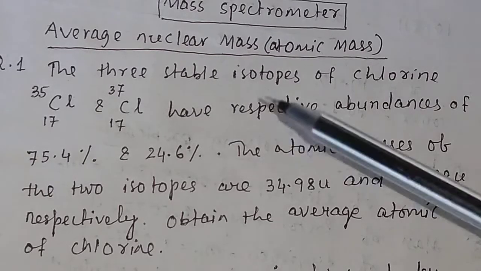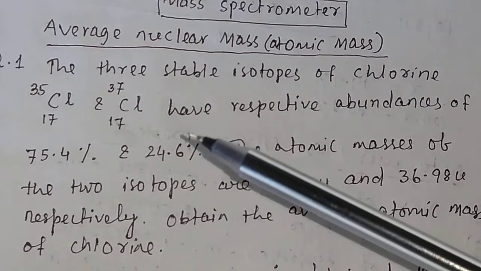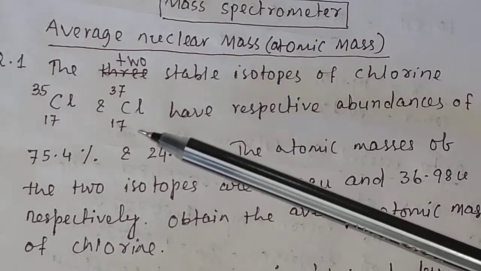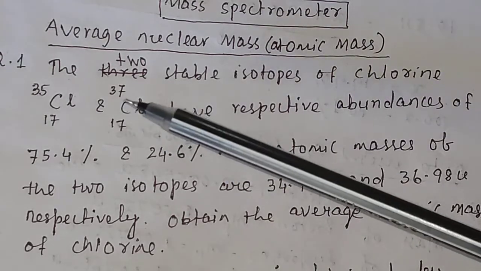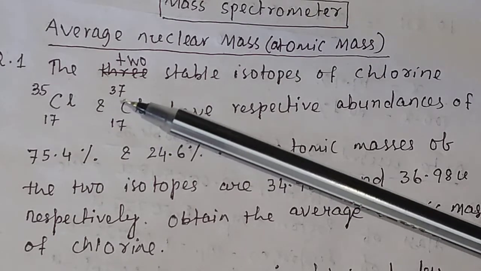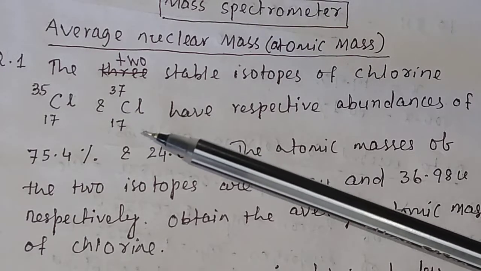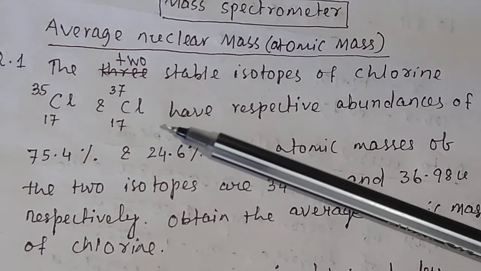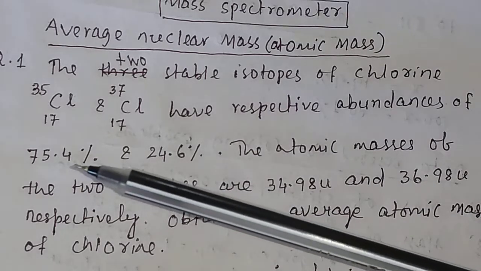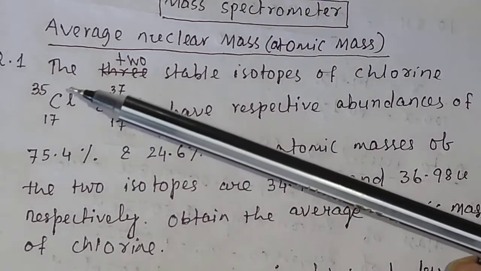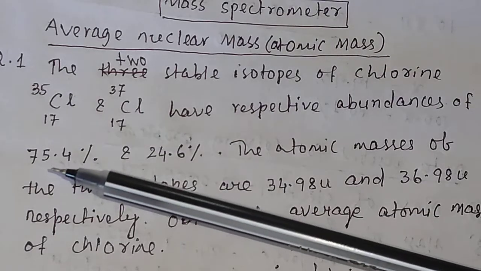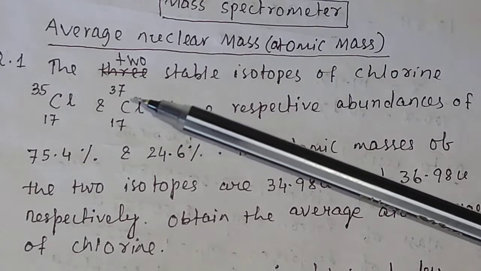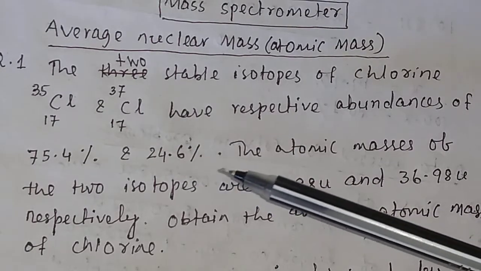Let us work out a problem to know how you calculate the average atomic mass. We generally get two types of isotopes of chlorine. Chlorine with atomic number 17 has two isotopes, 35 and 37. The two stable isotopes are chlorine-35 and chlorine-37, with respective abundances of 75.4% and 24.6%.